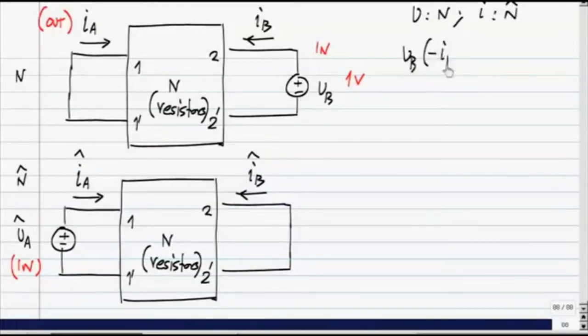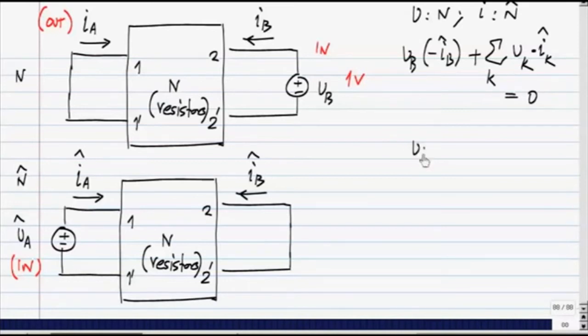VB times minus IB hat, plus the sum of all voltages inside this resistive network times the corresponding hat currents in the resistive network, plus the voltage across this, but that is 0, so I will ignore that. This is over k branches inside the resistive network.